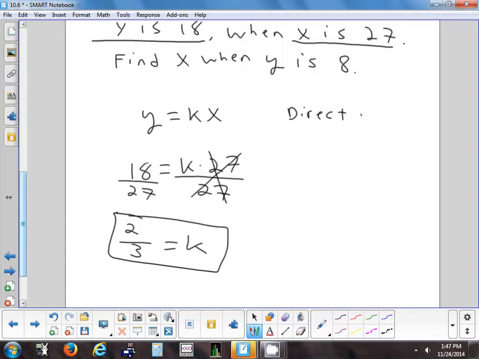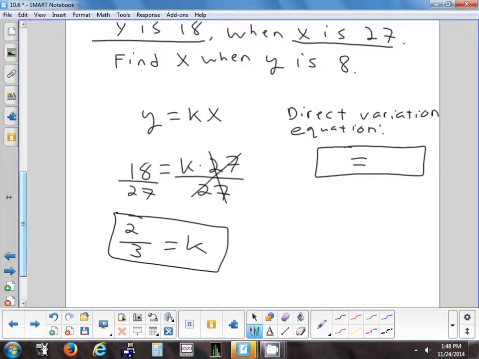In your equation, going back to that direct variation formula, what's the first thing in that equation? It says right on your notes, direct variation formula: y equals kx.